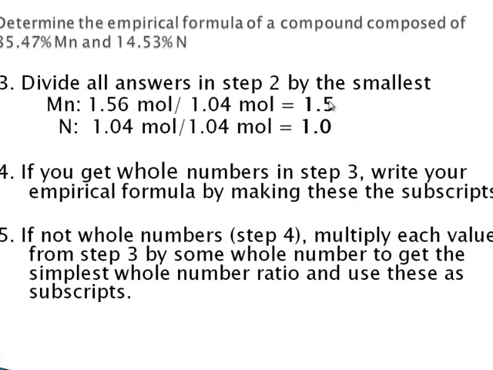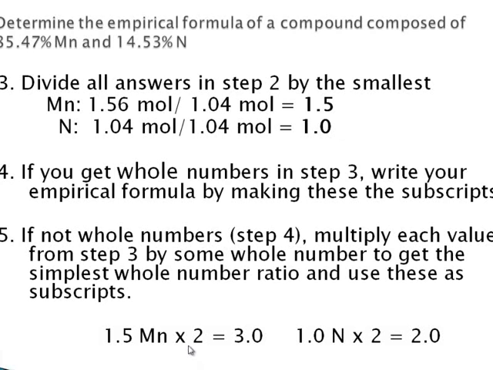I can multiply this times 2 to give me 3, and I can multiply this times 2 to give me 2. I have to multiply both factors times the same whole number. So if I multiply them by 2, I get 3.0 and 2.0, and that will give me my formula, Mn3N2. I want the simplest whole number ratio, and that's how I'm going to do that. Alright, that's going to do it.